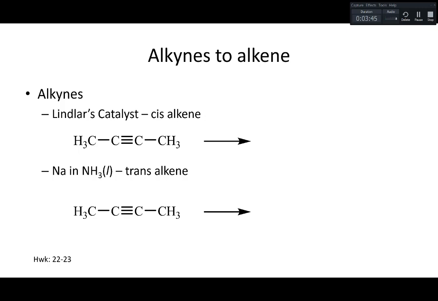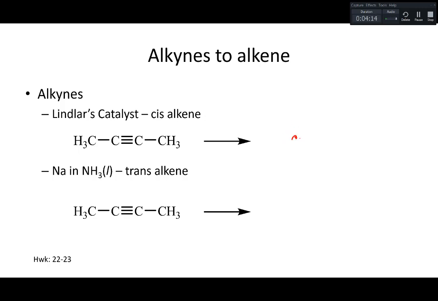Lindlar's catalyst is actually palladium that's been basically covered in, I don't know, the poison is like a compound that blocks the activity of the platinum surface or palladium surface. And so you end up getting a slower reacting catalyst, and then you can stop this.